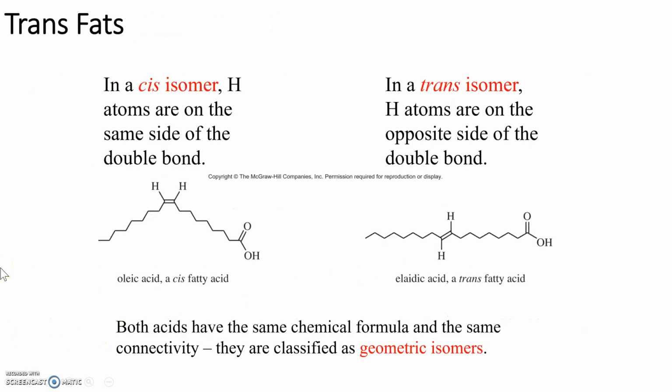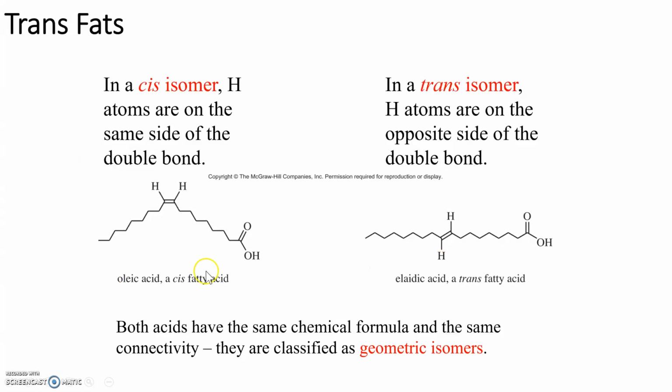Another term that we often encounter is trans fats. This is a little bit more complicated when we talk about the structures, but it's important for us to address this because trans fats have gotten a lot of attention. When we're talking about trans fats, we're looking at isomers. So remember, isomers are two chemicals that have the same formula, but different structures.